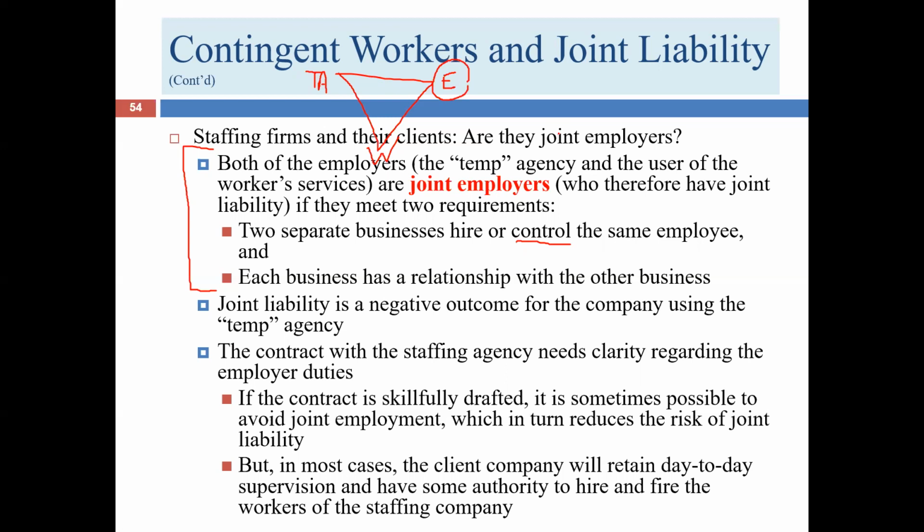So if you are trying to avoid this joint employment, joint liability scenario, this employer, I mean, definitely this employer is always going to be the employer because the temporary agency is actually paying the worker. So there's no way to avoid an employment characterization in this relationship.